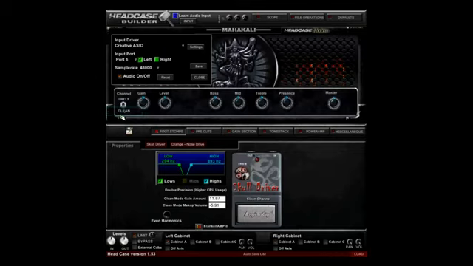The clean channel is clean, and the dirty channel should be dirty. Let's see. It's a little bit low, but that's got to do with the head building itself. There you go.